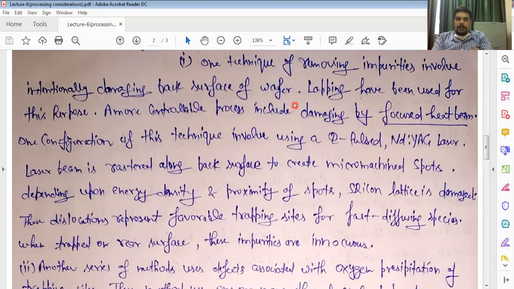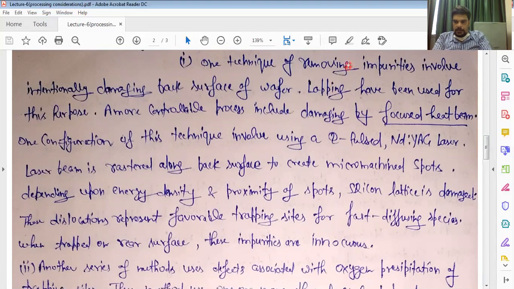By using lapping methods, that we have discussed in previous lectures. A more controlled process can also include damaging by a focused heat beam. One of the techniques is using a Q-pulsed Nd:YAG laser.